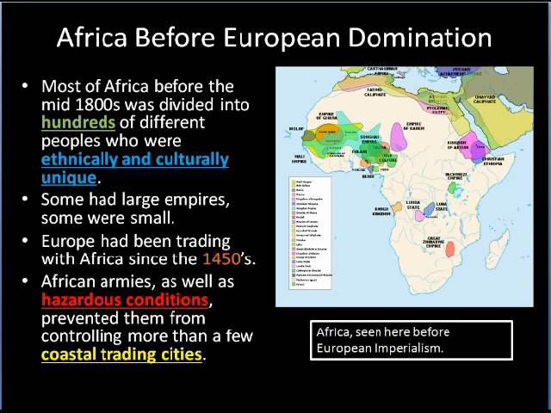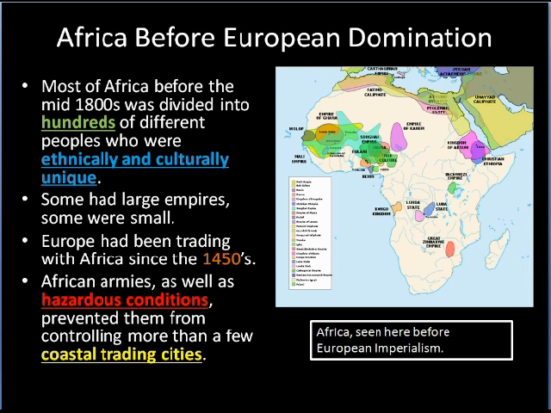Part of what also keeps Europeans from going into Central Africa or the interior of Africa is the hazardous conditions that occur there. You obviously have a lot of animals and plants, especially mosquitoes, that can kill you in Africa. But you also have African armies, which were fairly strong. Previous to the 1800s, they could put up a pretty good fight against European armies, considering bows and arrows are pretty much bows and arrows regardless of where you go.